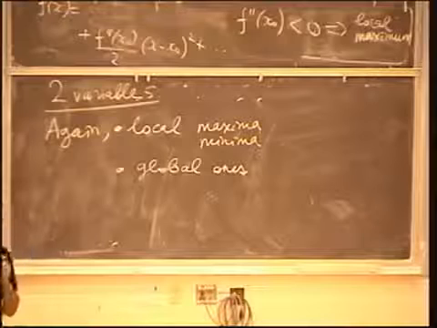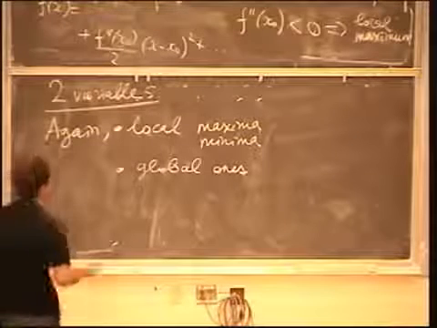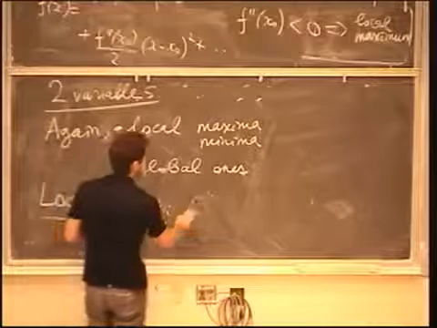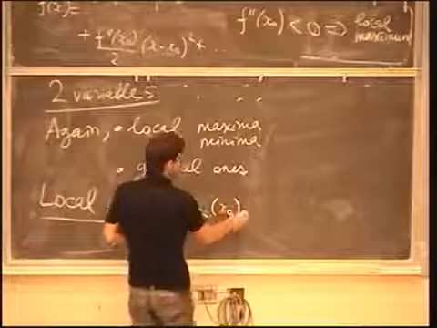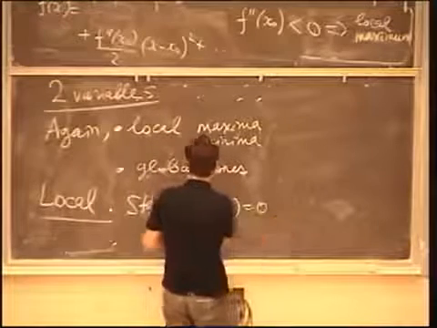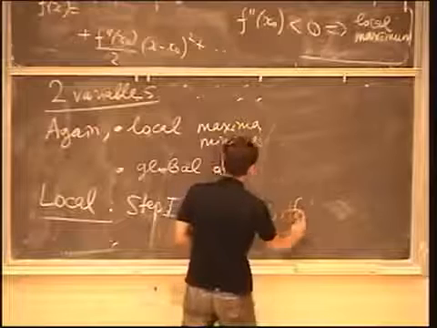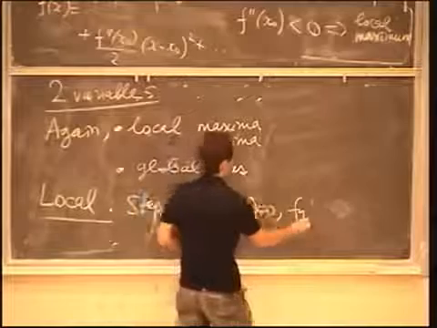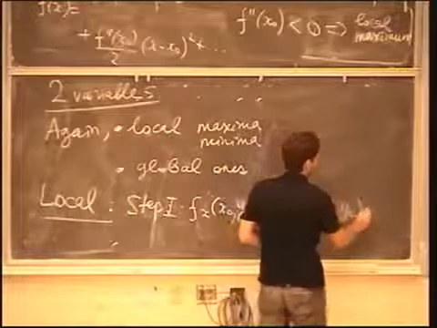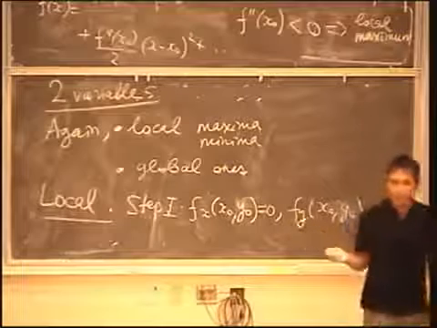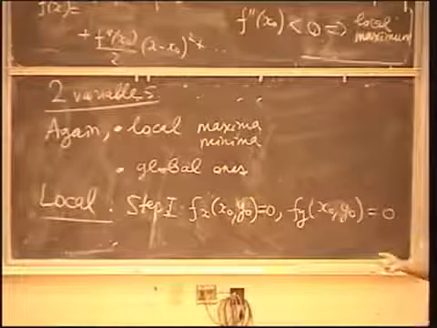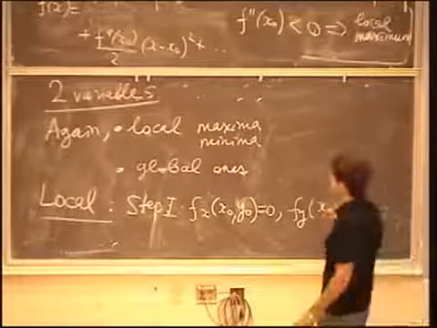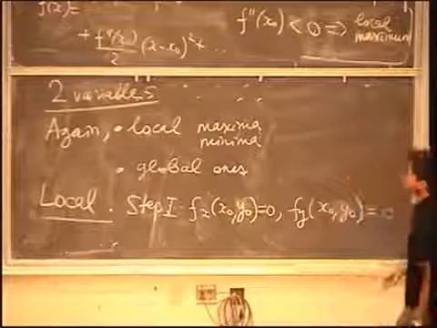For local maxima and minima, step one is to check that the two partial derivatives are 0. Just like for functions in one variable, the first step is to look at the first derivative. Well, now we have a function in two variables, so there are two different partial derivatives. So both of them have to vanish in order for us to have a local maximum or minimum.